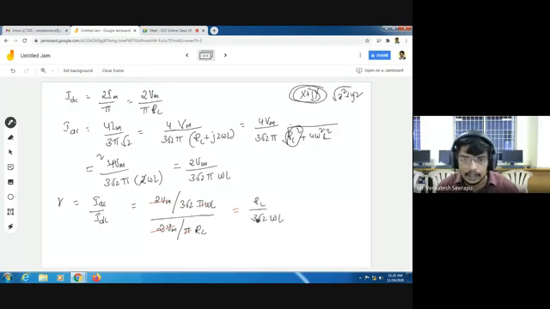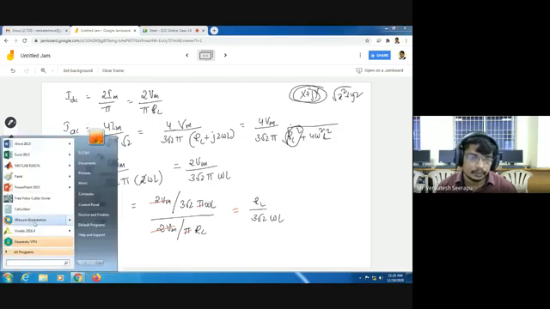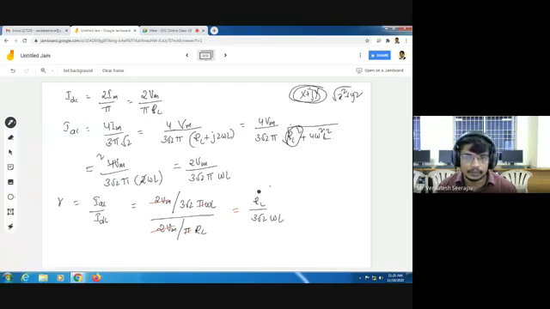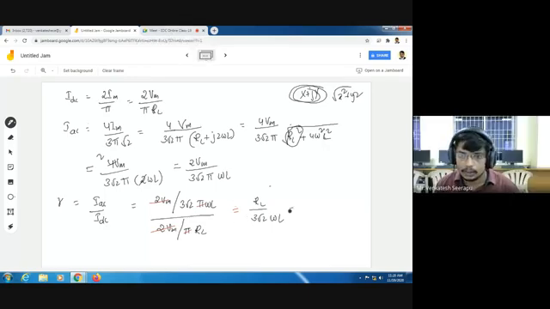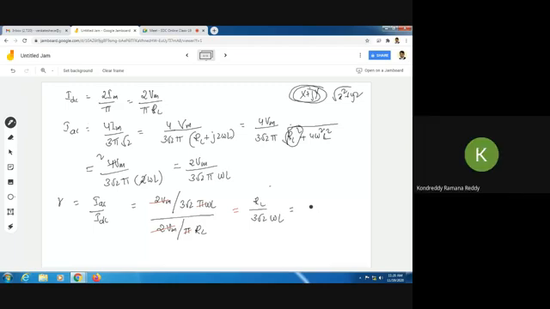So what is the value of 1 by 3 root 2? Anyone, please find it using a calculator. The value of 1 by 3 root 2 is 0.235, right?